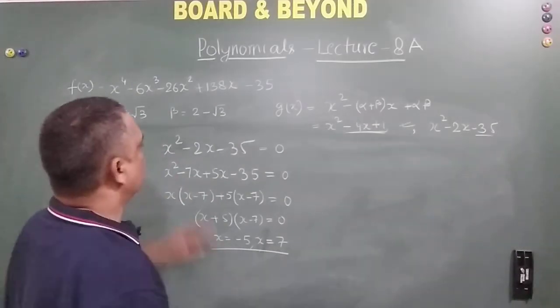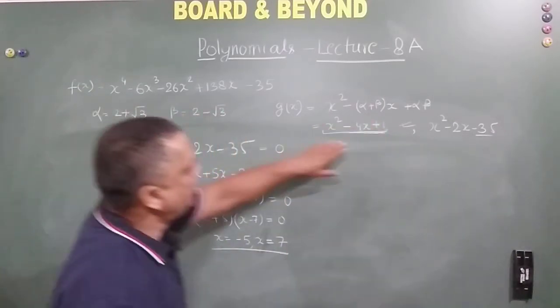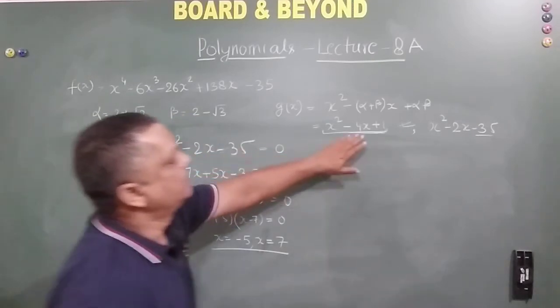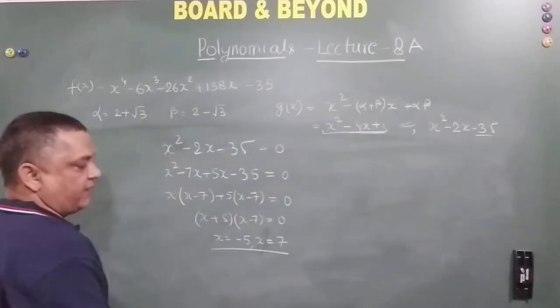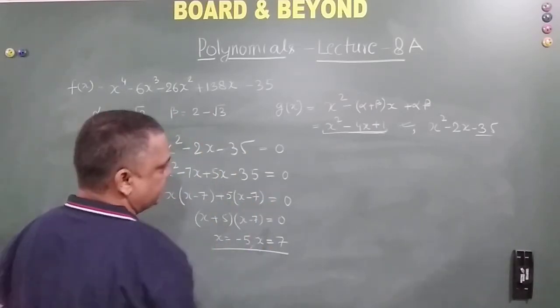Since this quadratic polynomial is made with these as roots, definitely this will have this and this as roots. So we have found all the 4 roots. Let's summarize it here.